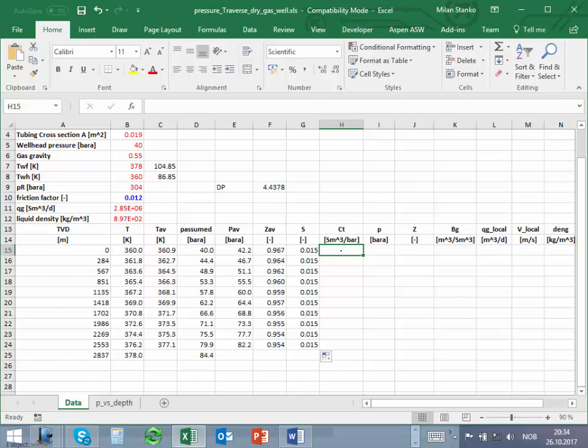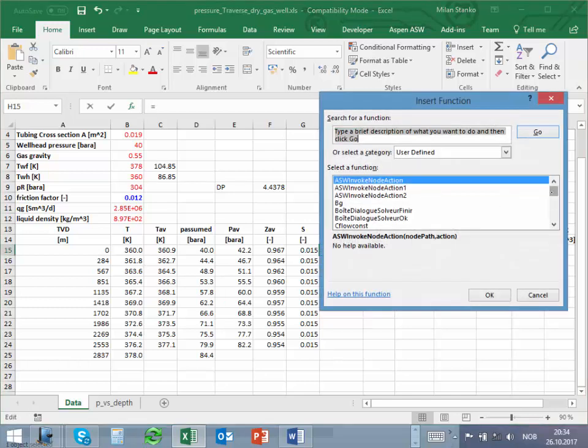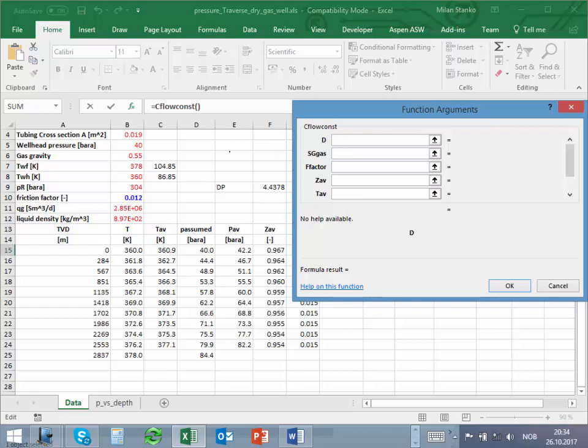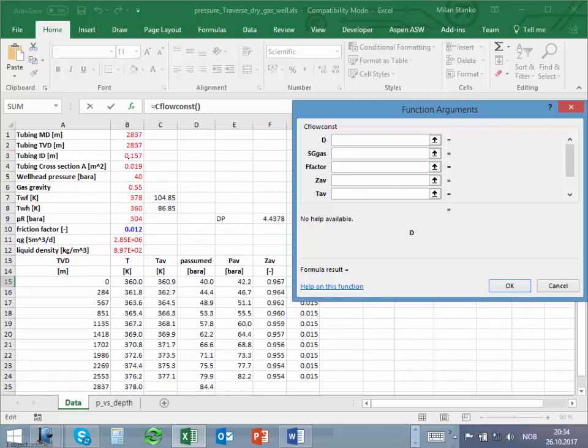Okay, CT, I also have an equation. Let's see. CT, C flow constant. And let's see, that's taking a lot of things. So that's taking diameter, tubing ID. I have it here. Block it. Specific gravity of the gas here.